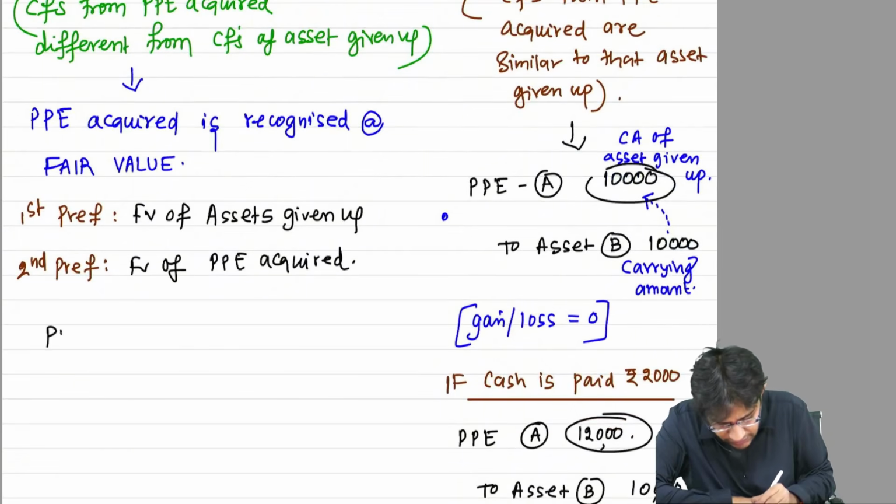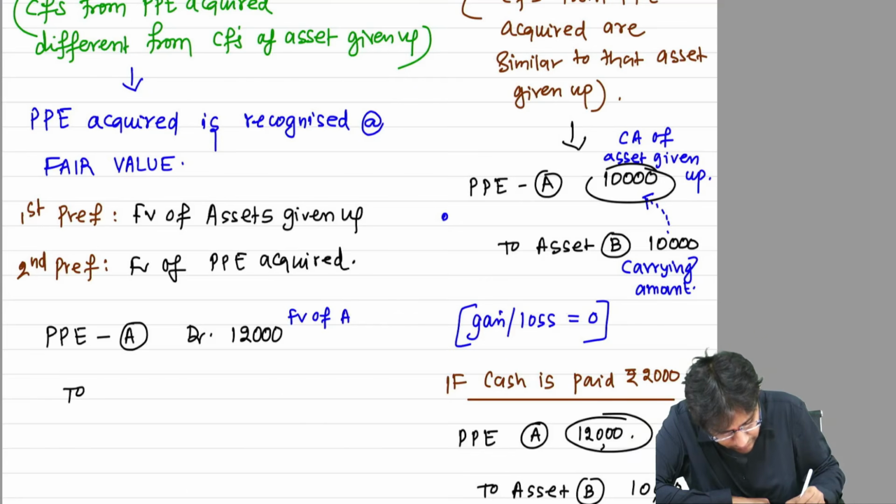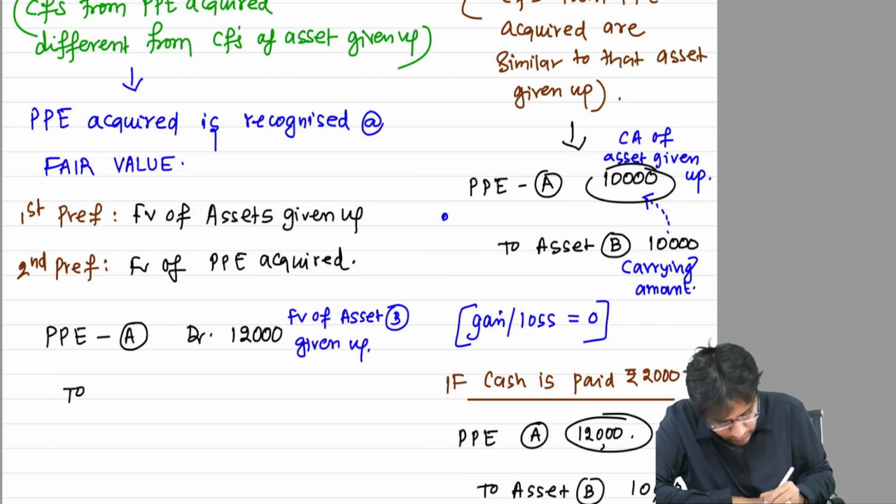The entry will look like this. PPE account debit, 12,000. What is 12,000? 12,000 is fair value of asset B given up. To asset B, from our books we have to cancel.